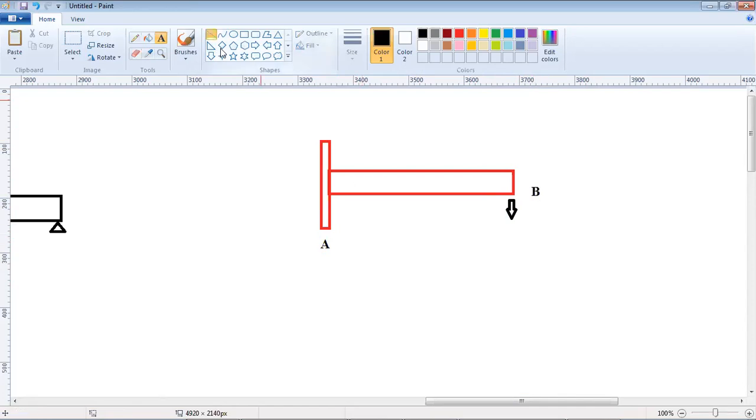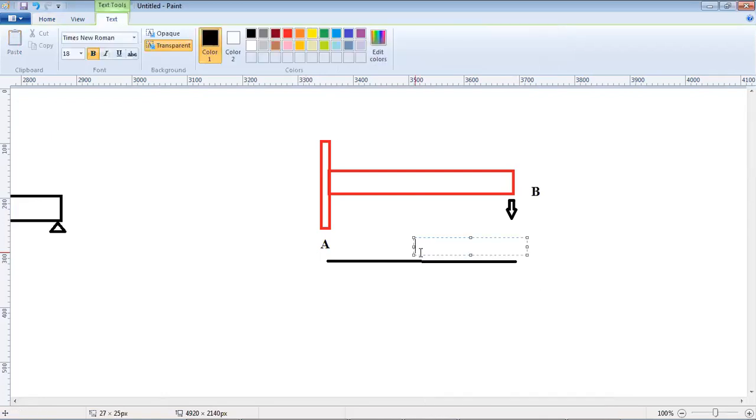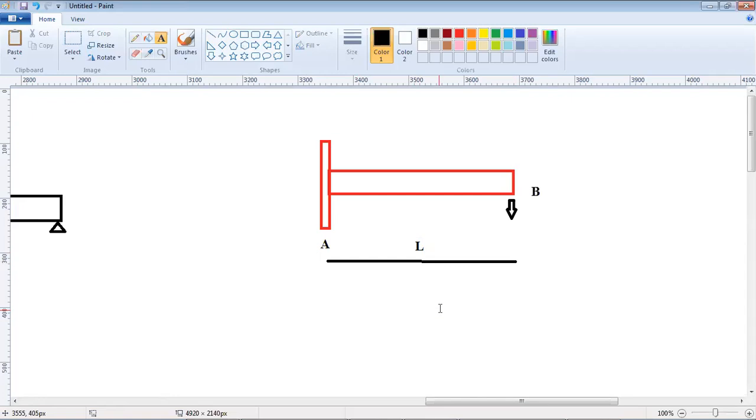if the length of this member is L, what would be the deflection that would occur at this point B? That's what we have to determine.